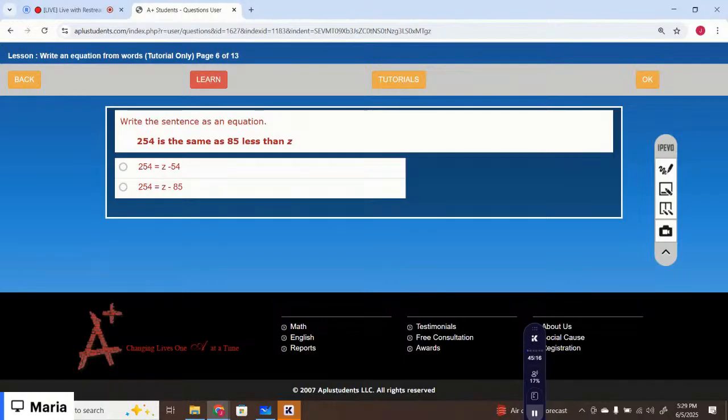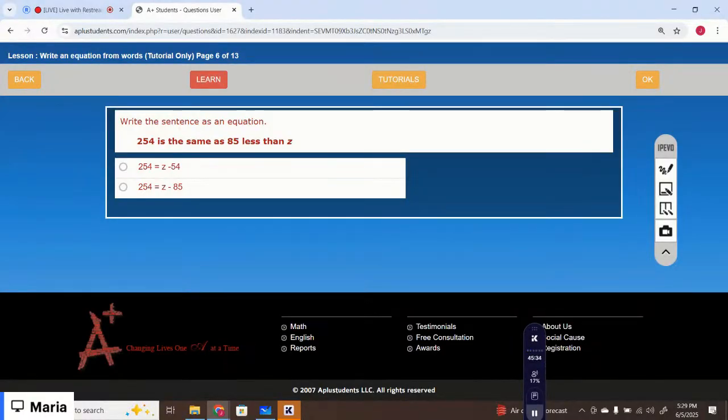Write the sentence as an equation. 254 is the same as 85 less than z.